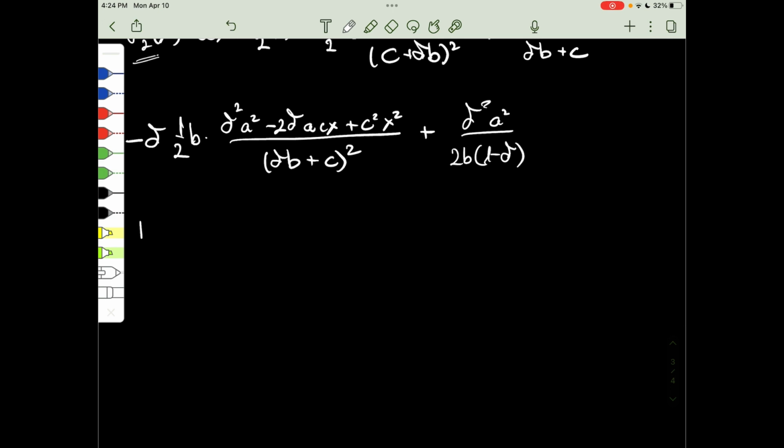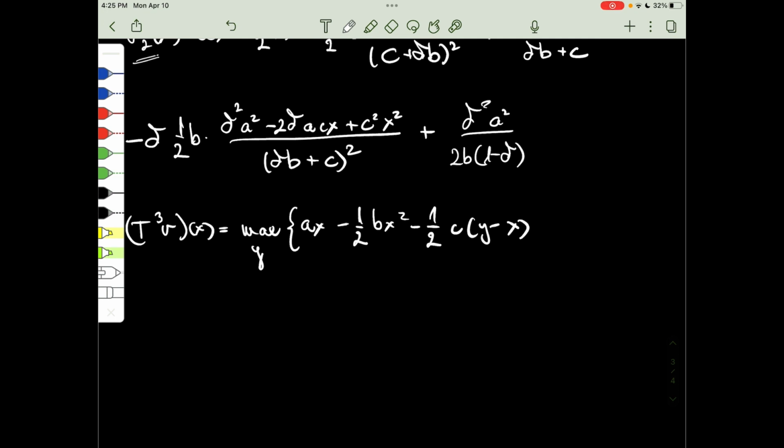So let's have the third round of iteration, which is maximizing the Bellman equation with respect to y. Okay, I am writing down the problem. This was the easy part because this was the one period return function.